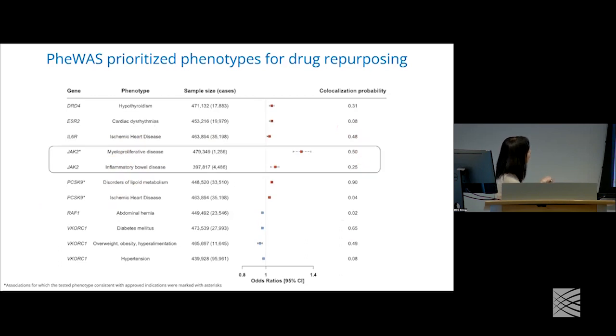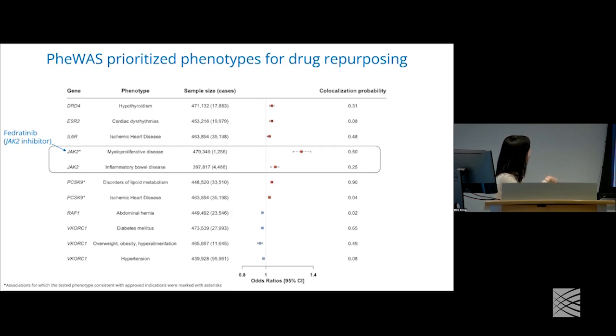And we would like to highlight the example of the JAK2 gene. So blood expression level of the JAK2 gene is positively associated with myeloproliferative disease risk. And in fact, the JAK2 inhibitor is approved as a medication to treat myeloproliferative disease. So we think this signal is an on-target replication.